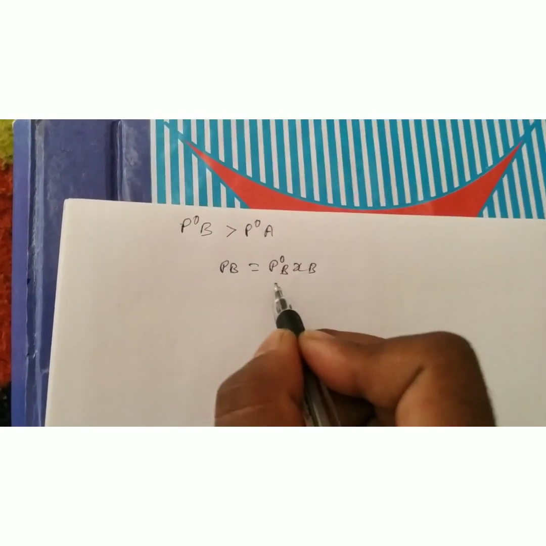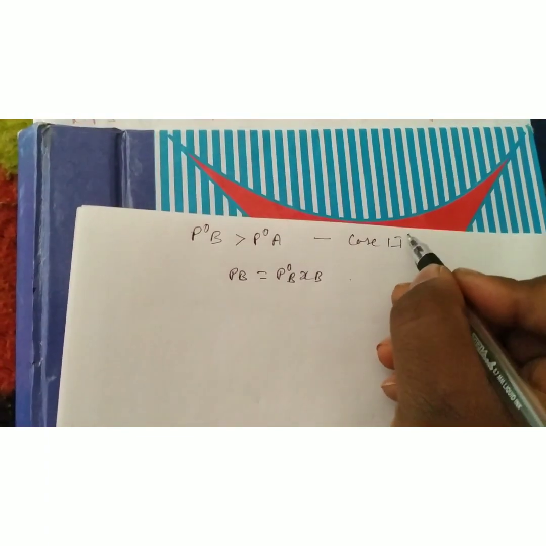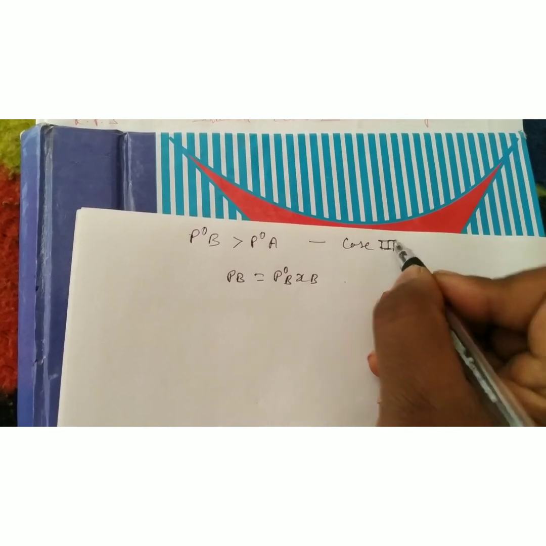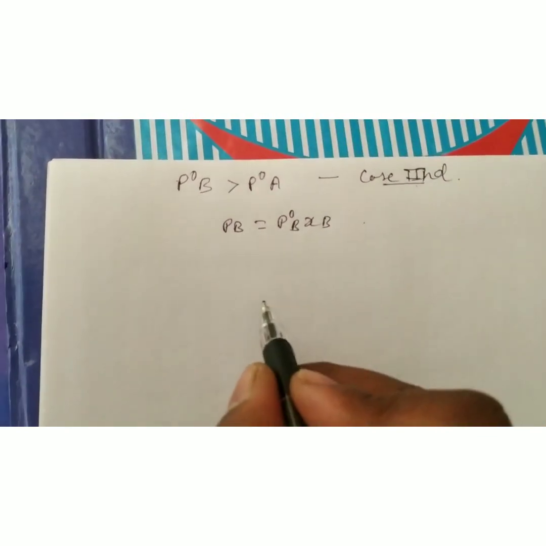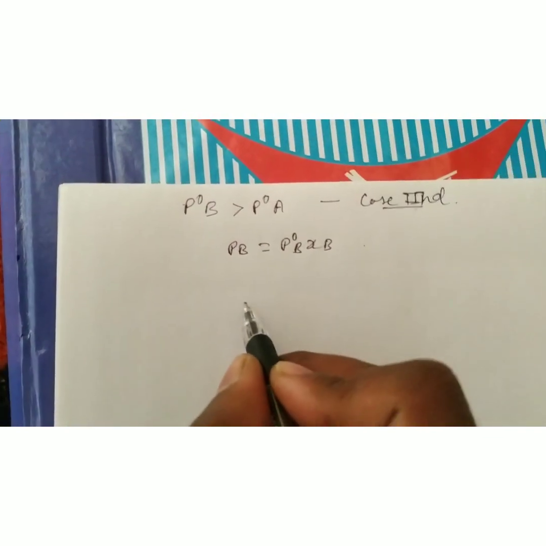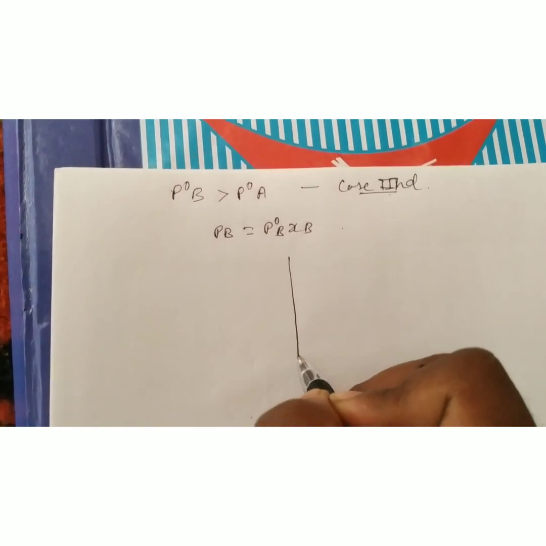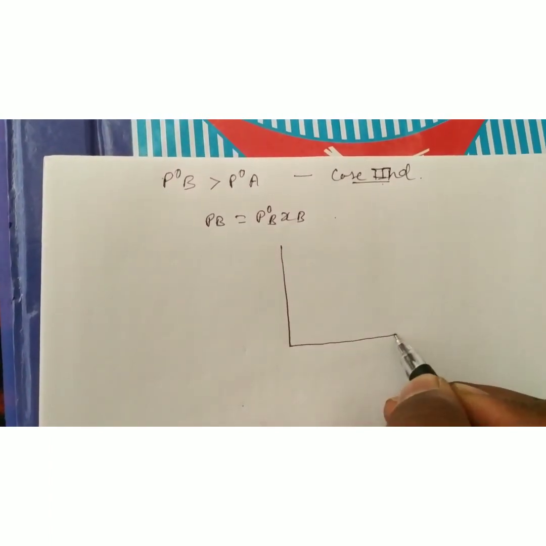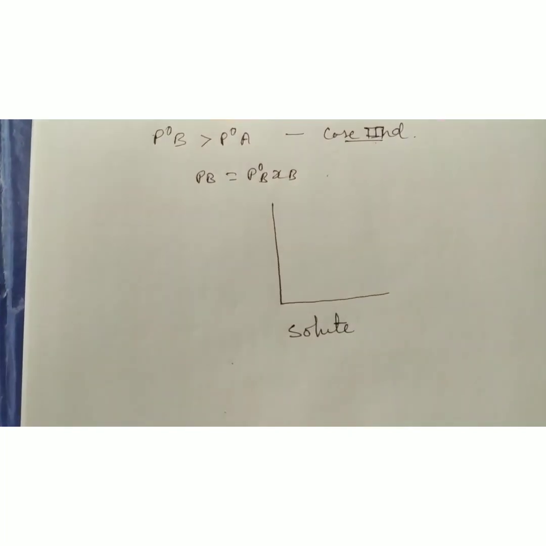Clear? This is case second. For the graphical representation of case second, this is the y-axis, this is the x-axis, this is for solute. Clear?